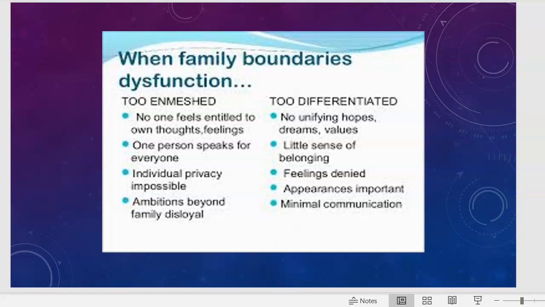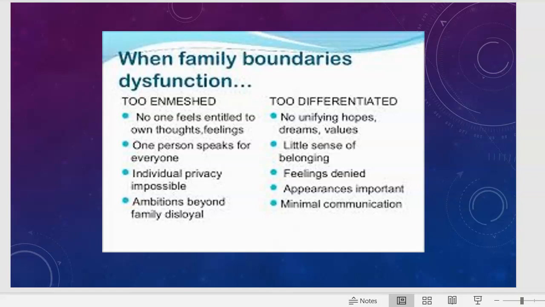Now, this presents two extremes of too enmeshed and too differentiated. You can see this as a continuum, and of course, particular events such as traumas or unpredictable events or any kind of significant changes within the family system may also have an impact on boundaries, as well as between and among family members.